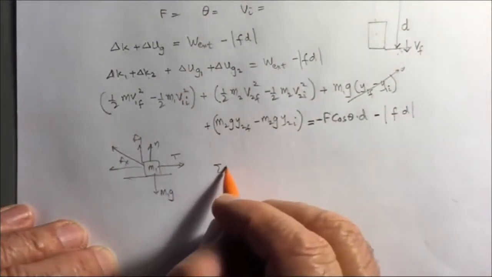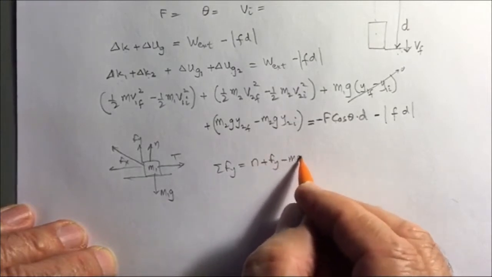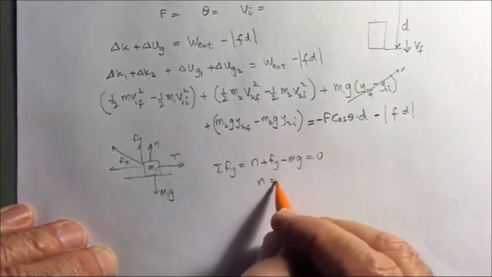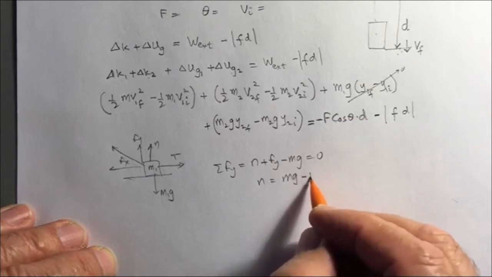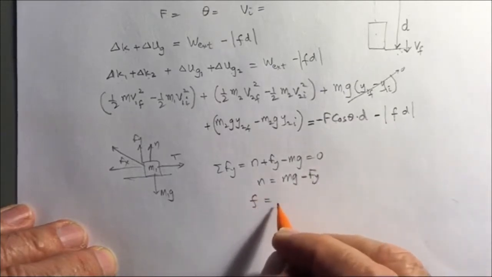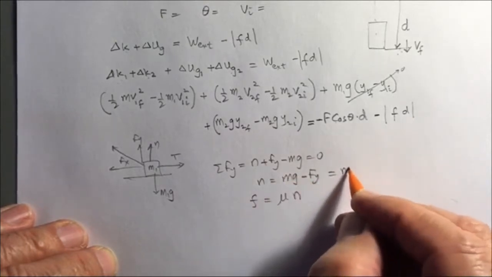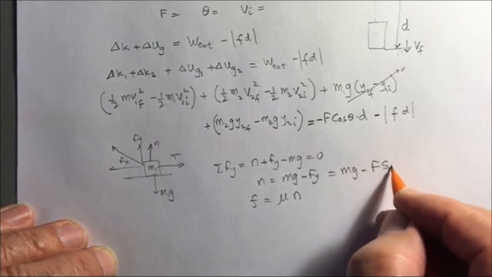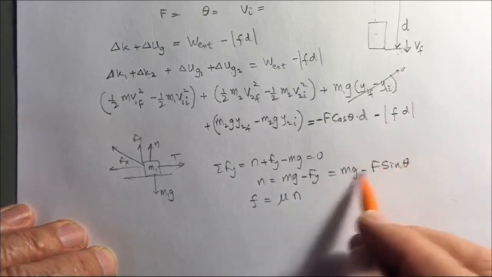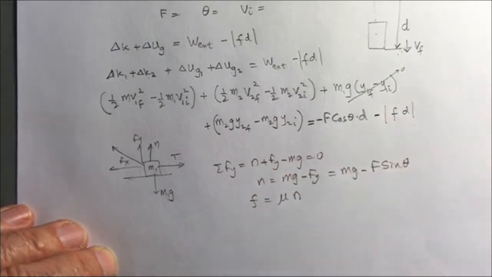So the sum of forces in the y direction would be the normal plus Fy minus mg equals 0, and therefore the normal force is mg minus Fy, and therefore the friction is mu times N, which is mu times (mg minus F sine theta). So plug that in here to get N, and then the friction, and plug that here.